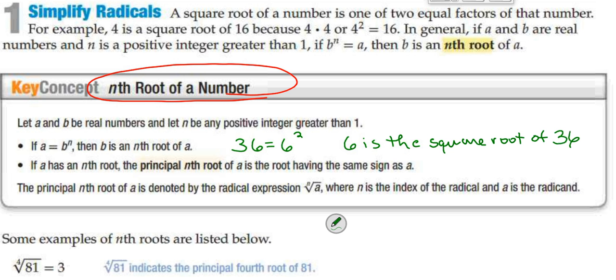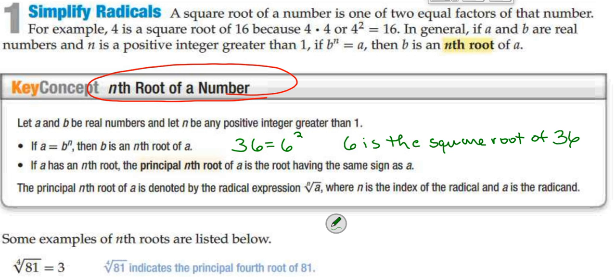So hopefully I said this right on that last slide. The principal square root is often the positive square root. Remember that for an even power, it has to be positive. Do you agree with that? Because if we get the square root of negative 36, it's not real anymore, and they are talking about real numbers.